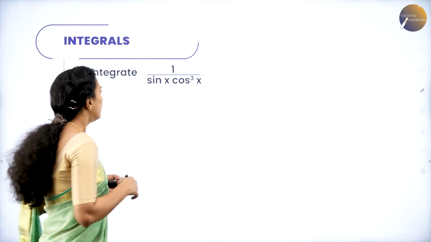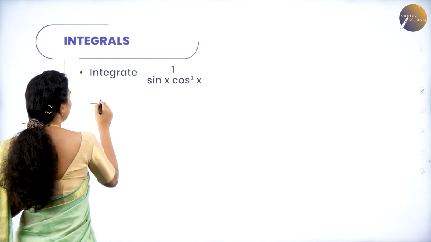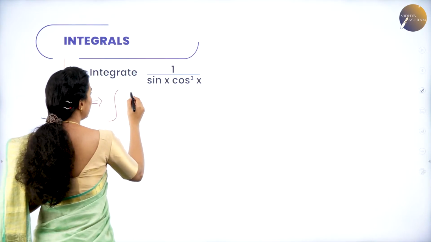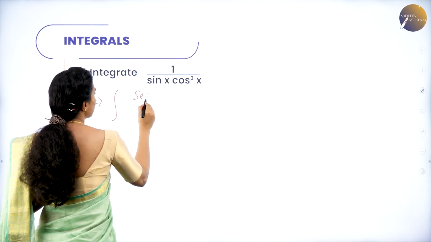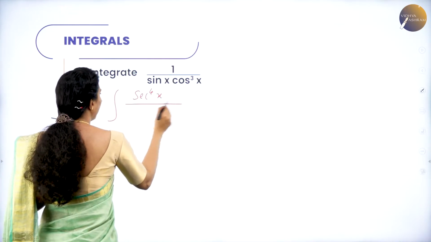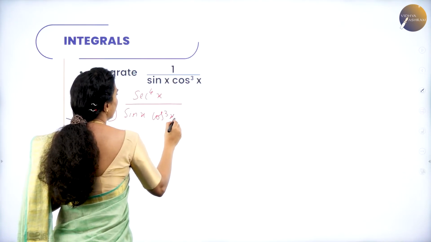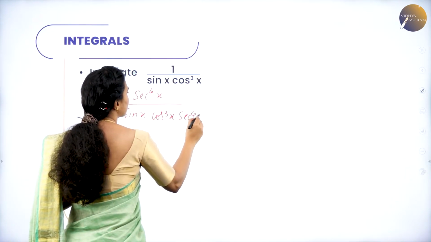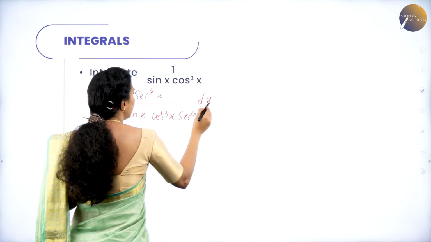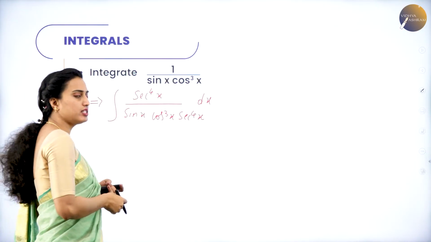So you can have integral of secant to the power of 4x, I am multiplying and dividing by secant to the power of 4x, okay? Cos cube x into secant to the power of 4x into dx. Dear, if you cancel this one, you will go back to the same step.